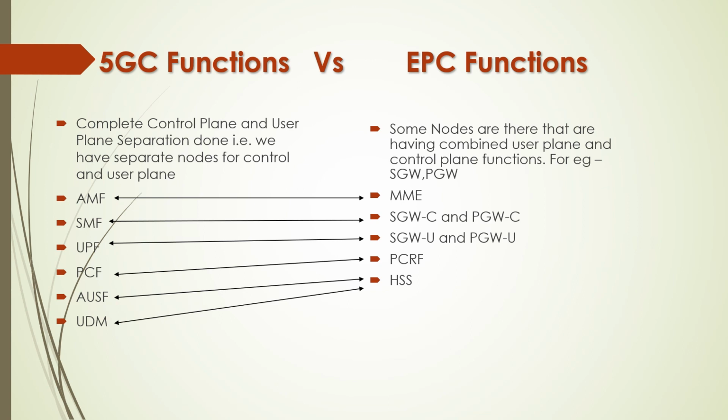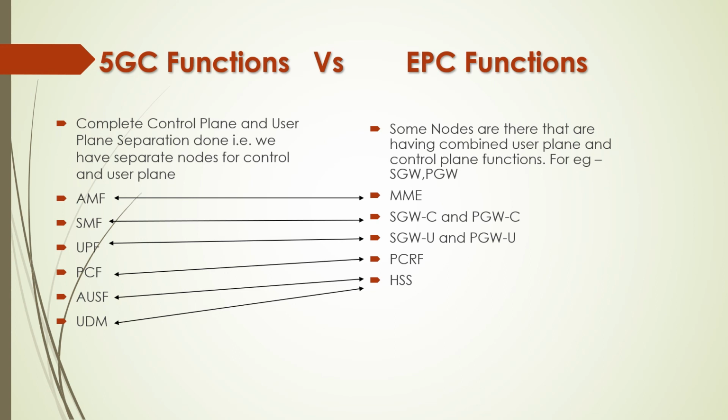After listing out the network functions and telling about the functionality of the important 5GC network functions, let's now do a comparison between the 5GC and EPC so that we can correlate how our network functions from EPC are evolving into 5G. First point is that in 5G we have complete user and control plane separation. That means we have separate nodes for the control plane and user plane.